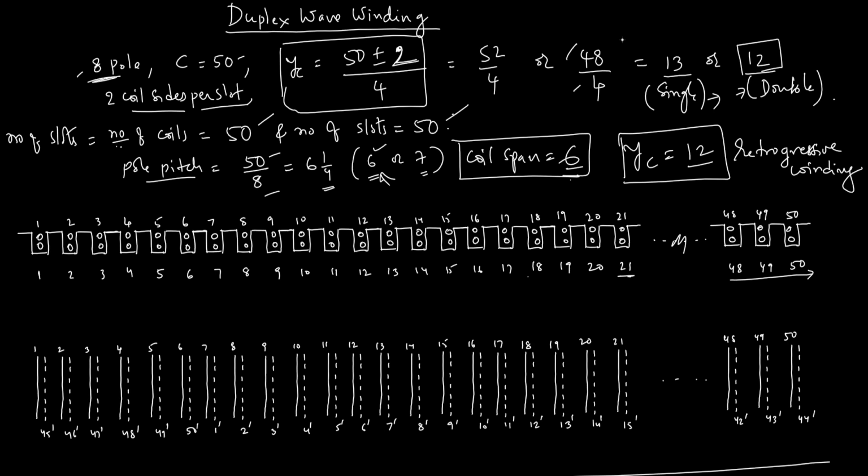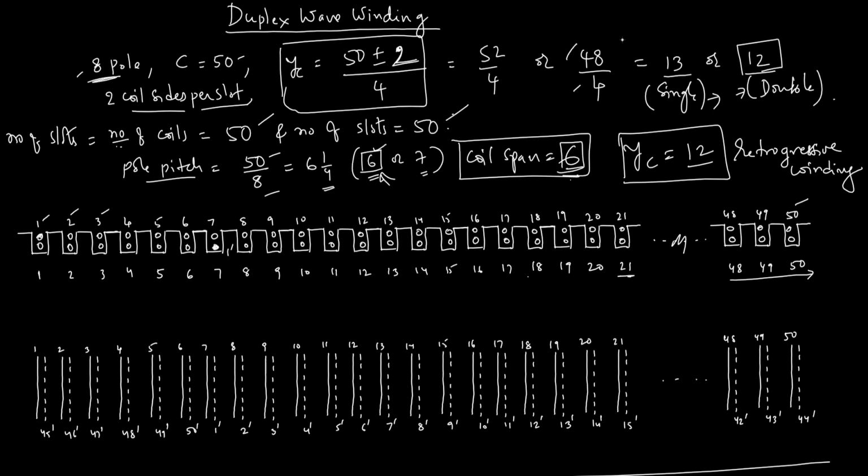So top coil sides I have numbered 1, 2, 3 and so on up to 50, and for the bottom coil sides, where does the 1 dash start? 1 dash, because I have taken the coil span as 6, will lie on the bottom side of the 7th slot.